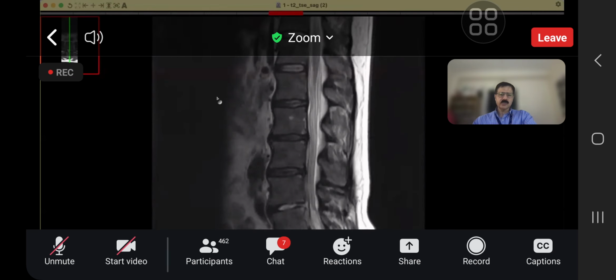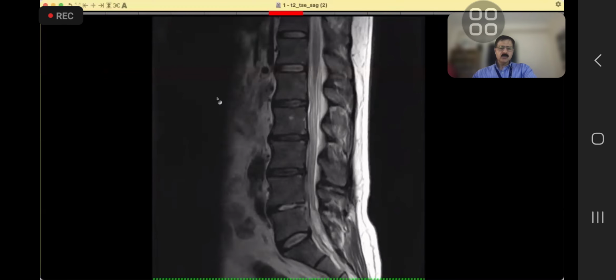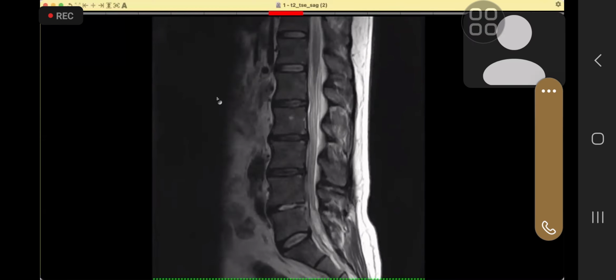I hope everybody can see. Candidate, you can see the screen now, right? Yes, yes.